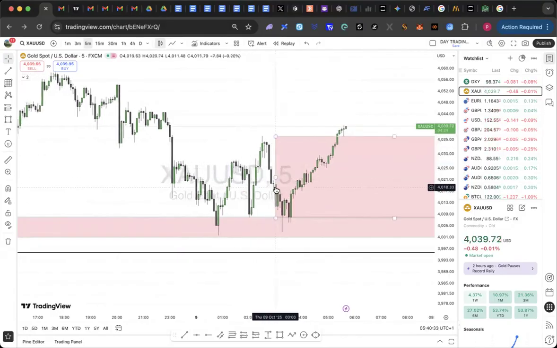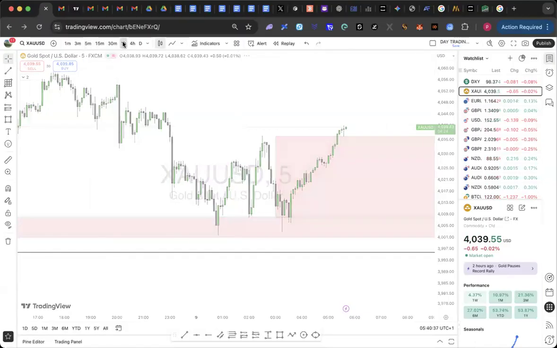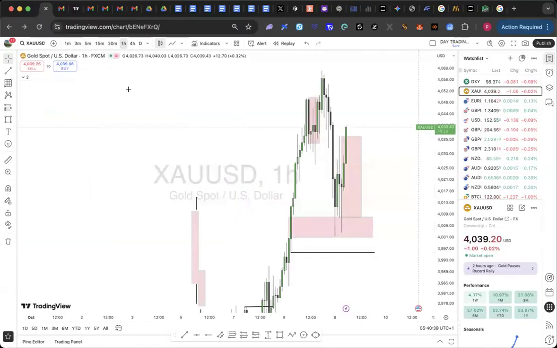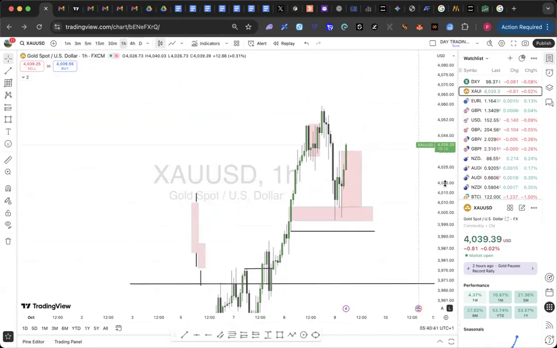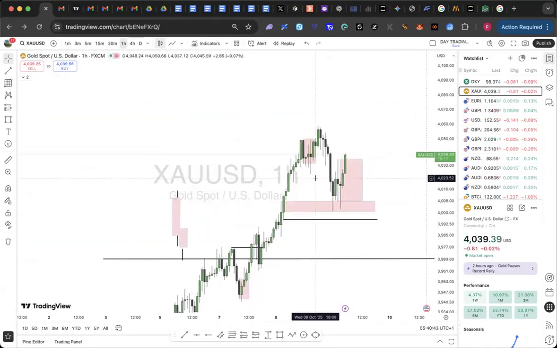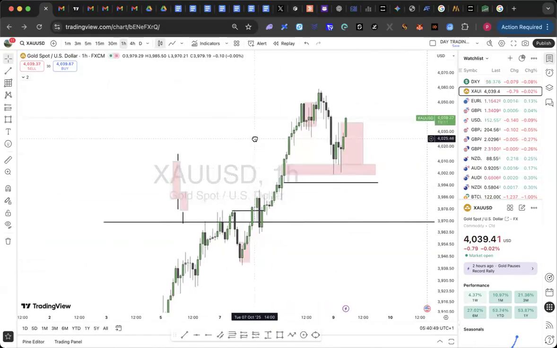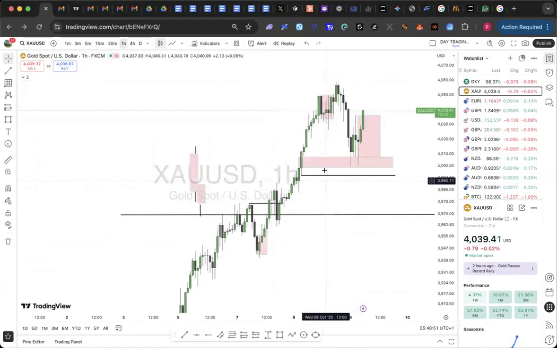In a nutshell, if you train your eye, you can see 2, 3 confluences that you are looking for at a go. Because here was already a good buy zone because of fair value gap.